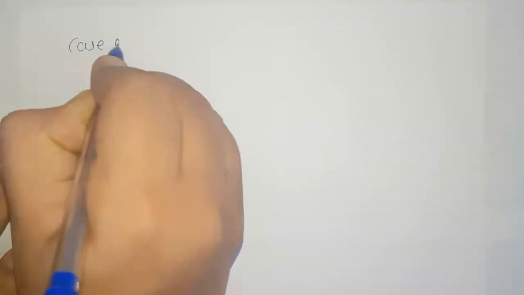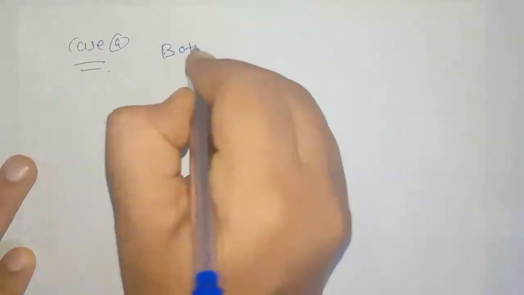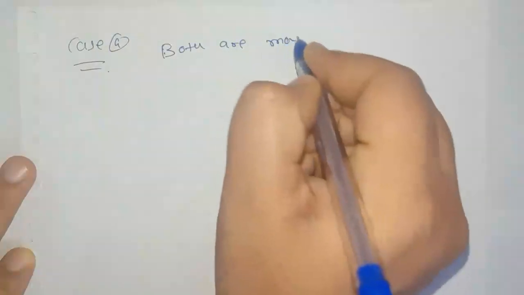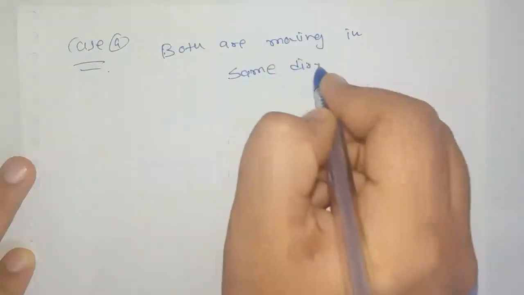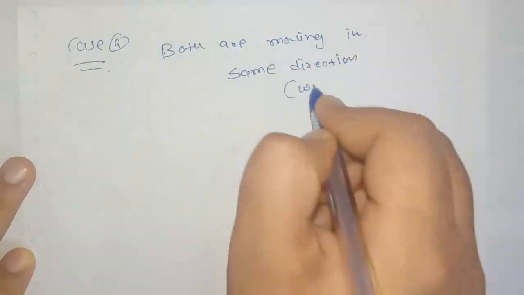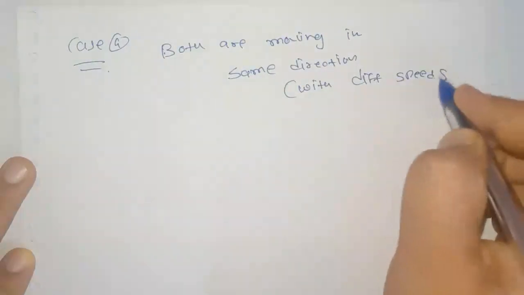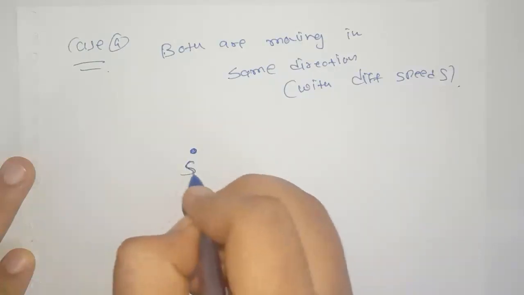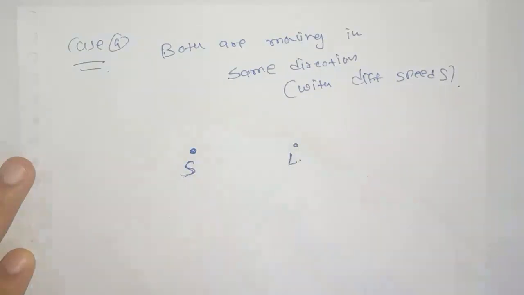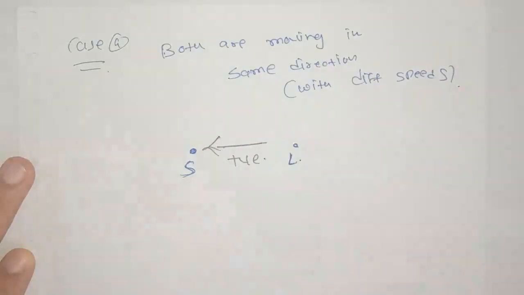In the fourth case, they both are moving in same direction with different speeds. Because if they both are moving in same direction with same speed, there will not be any relative motion. So let's see, this is S and this is L. For reference, L to S direction is taken positive.